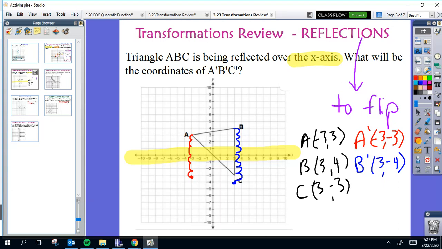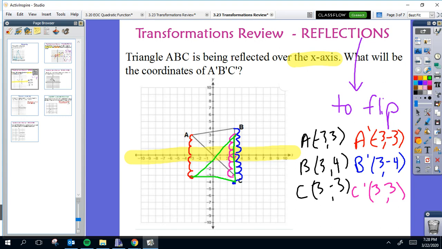And lastly, our C value right here, it is 1, 2, 3 from the x-axis. So I need to go an additional 1, 2, 3. When I do that, my C prime value, where I ended up, is going to be 3, comma, positive 3. And if I want to see that, I can connect all of those dots, and it would look something like this.